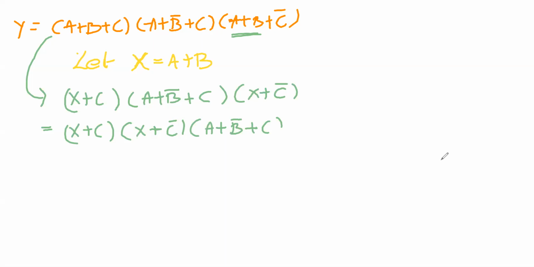Roll number 24, answer B9. A plus B into A plus B bar.